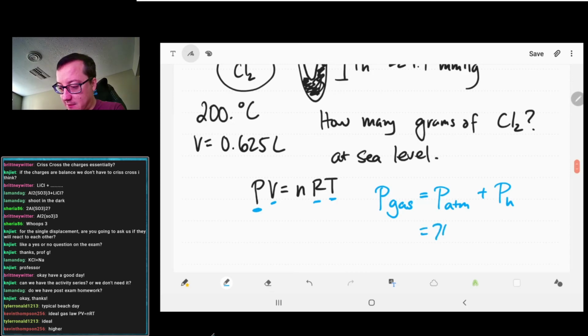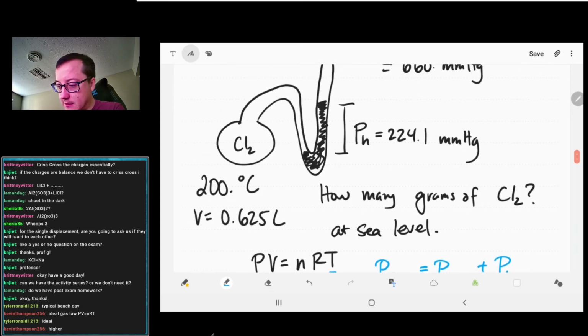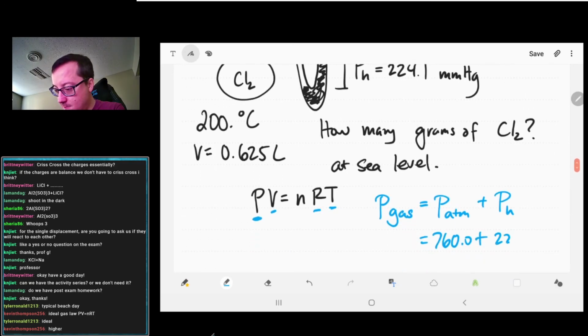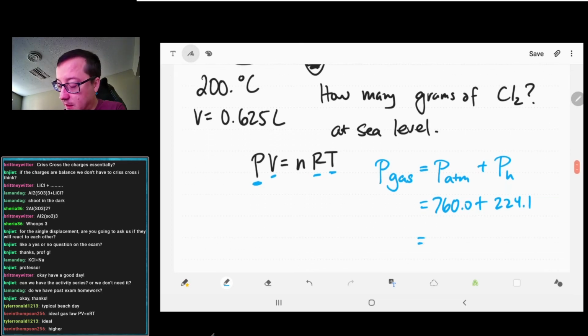So that would be 760 plus, let's put 760.0 for our sig figs. We're right at sea level on the perfect day, which tells us we have 984.1 millimeters of mercury as the pressure of our gas.